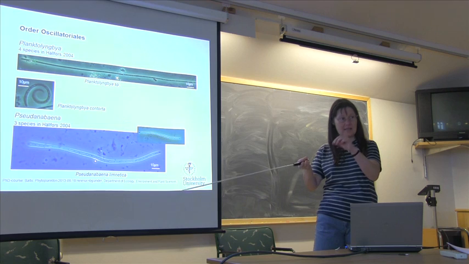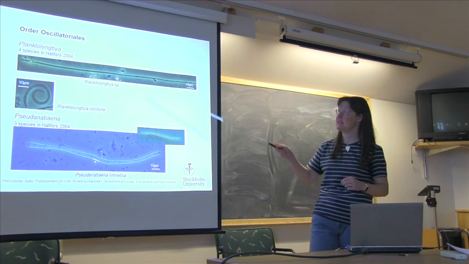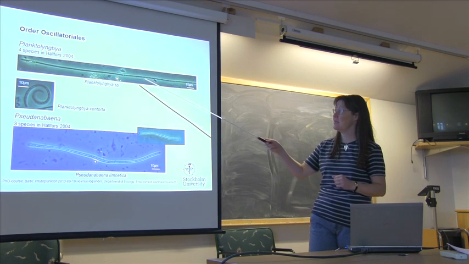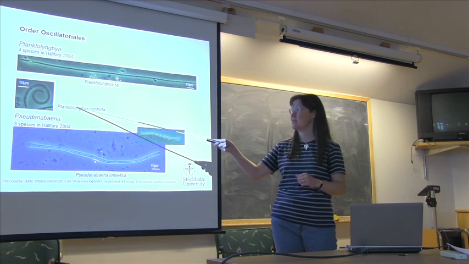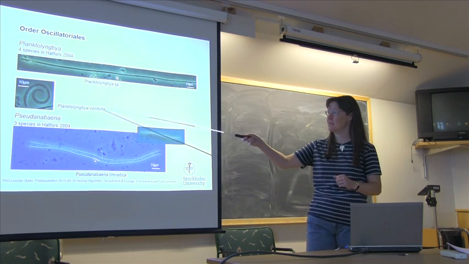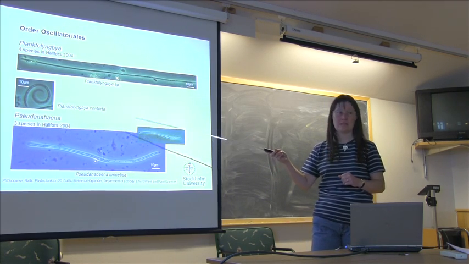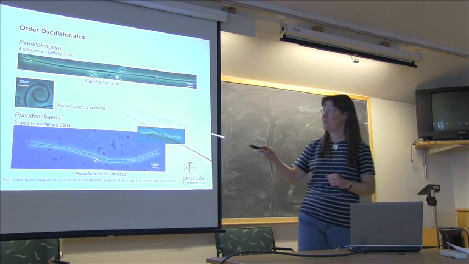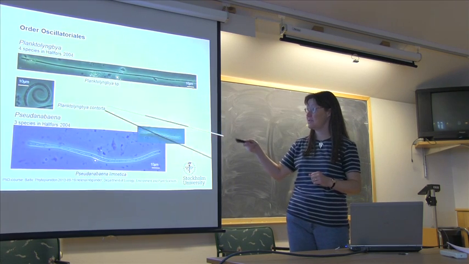So if you see these empty parts, you can see that it's belonging to this Planktolyngbya. And they can be either straight or like this Komvophoron, a curled species. And this is, for example, very common in the coastal areas with high nutrient concentration. You can have a lot of these.